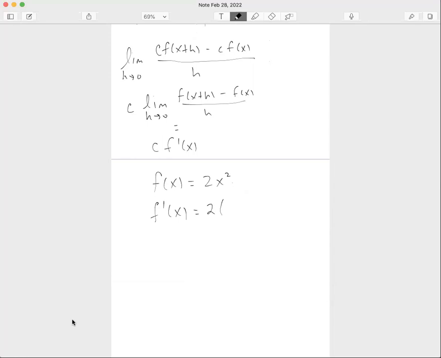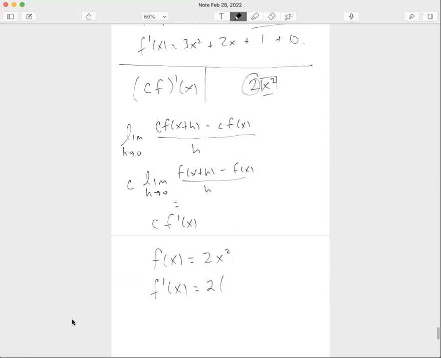And what's the derivative of x squared? C is just a number, C for constant. So I have a 2, and then x squared. The derivative of x squared is 2x, so this makes 4x.